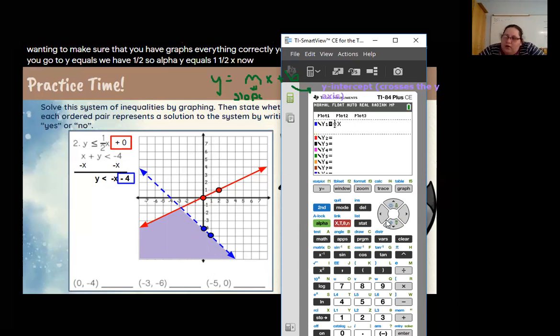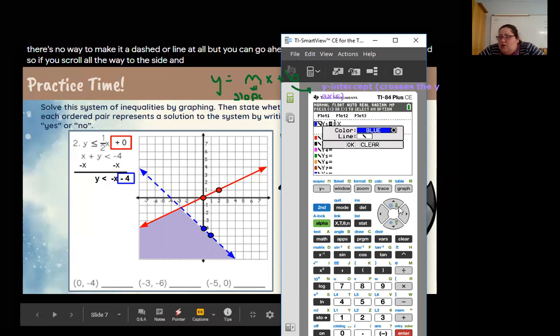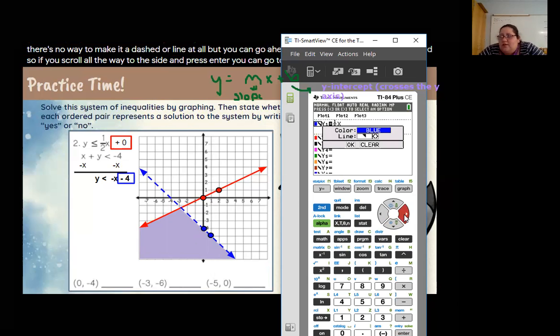When it comes to graphing an inequality, there's no way to make it a dashed line at all, but you can change the way that it's shaded. If you scroll all the way to the side and press enter, you can go to the line style and change it. This says less than, so we need shaded below. You see how it's down on the bottom of the graph? That's going to make it shade below. Then you go down to OK and press enter.